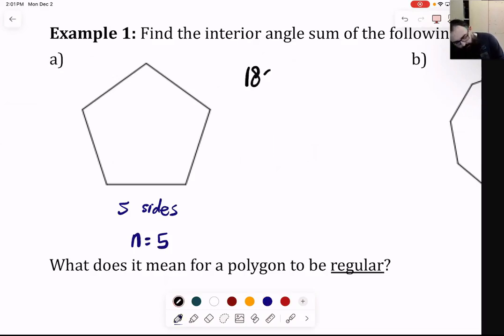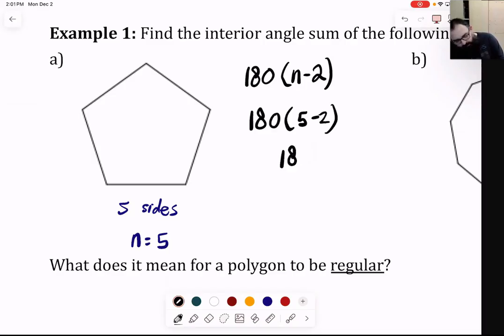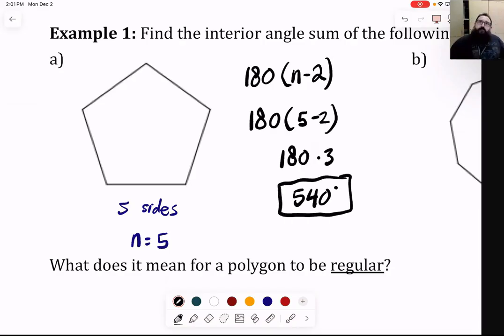So following our formula, 180 times n minus 2 is 180 times 5 minus 2, which is 180 times 3, which is 540. Awesome. That's great.